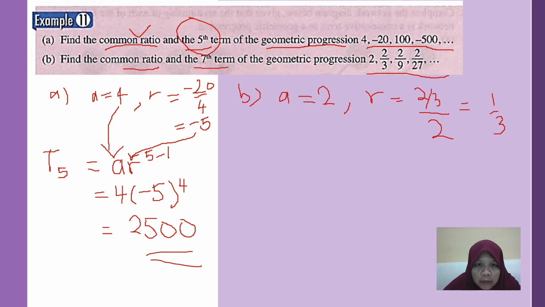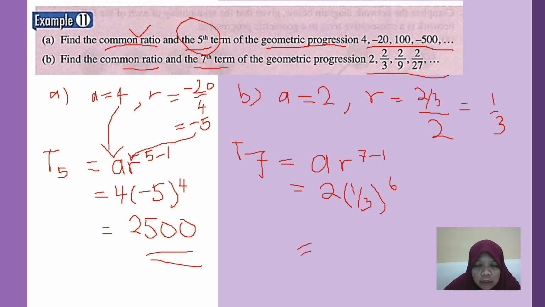Now we want to find the seventh term, T7. Apply the formula: T7 is equal to ar to the power of 7 minus 1. So this is equal to 2 times 1 over 3 to the power of 6.